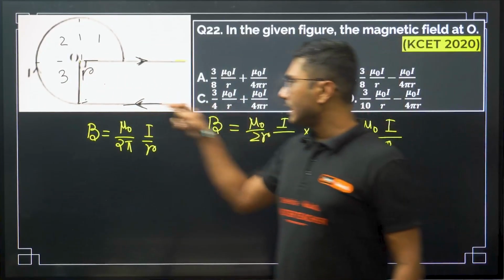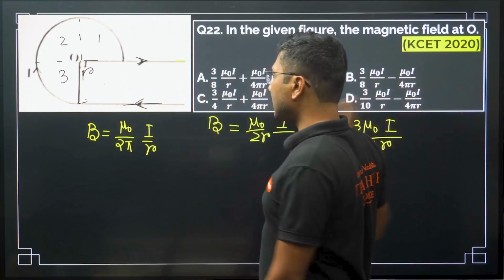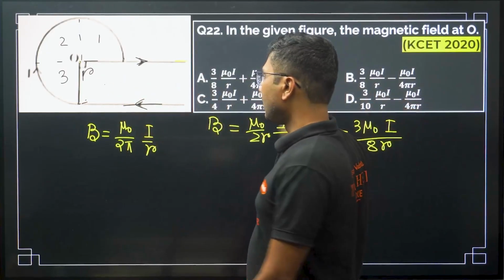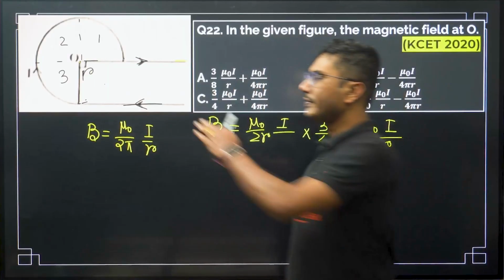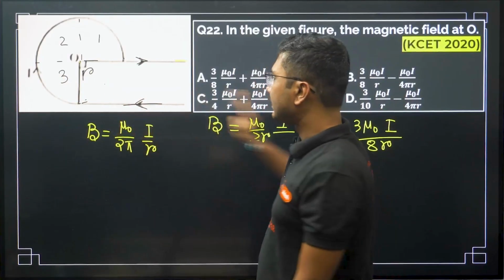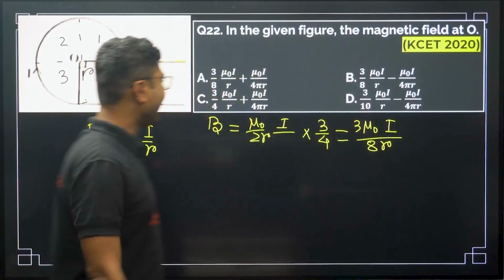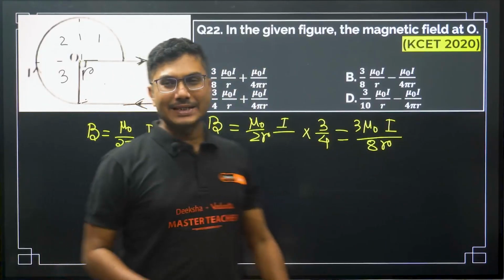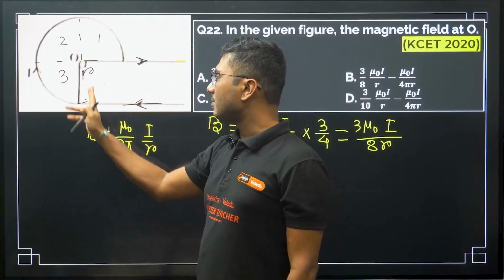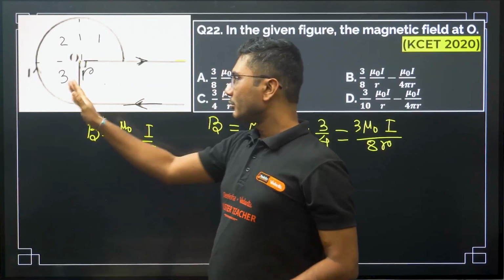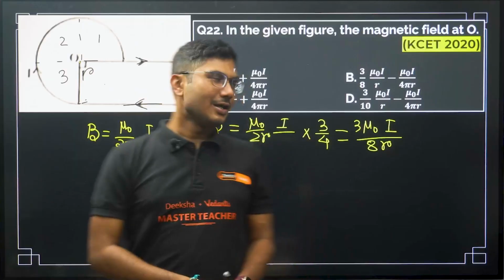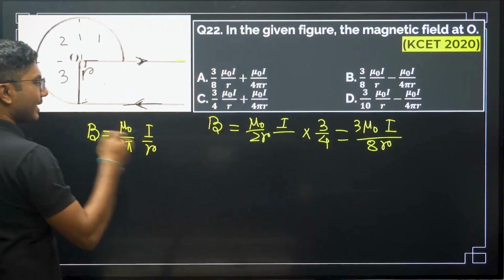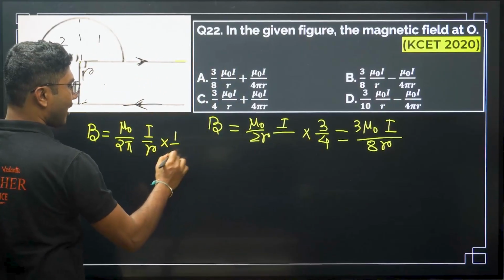But here it is infinite on the right hand side, not on the left hand side. So we can say that it is basically an infinite wire which we have cut in the middle. The infinity is still left on this side, this half is missing. So the magnetic field due to this wire will be just half of that.